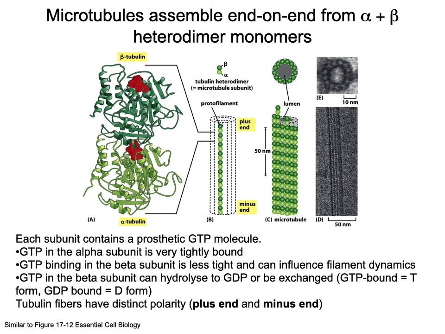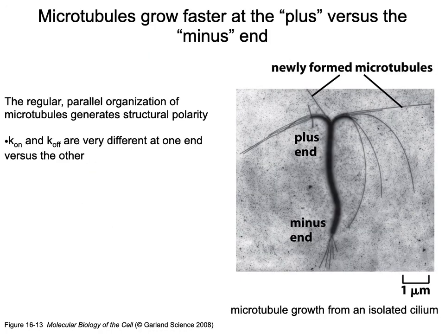If we carry this over to panel C, you can see how on the plus end, this is where we're going to be adding these heterodimers. The minus end can add them, but they don't add as quickly. If we look at this figure here, we have cilia that have been isolated, and there's tubulin available for the cilia to grow.